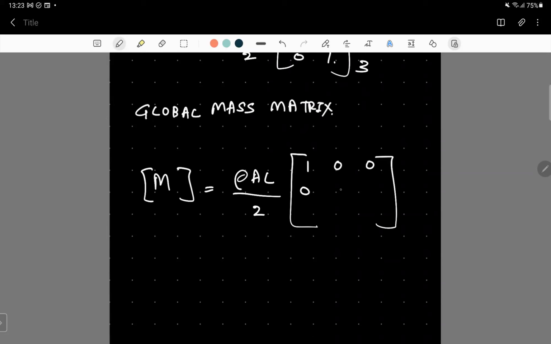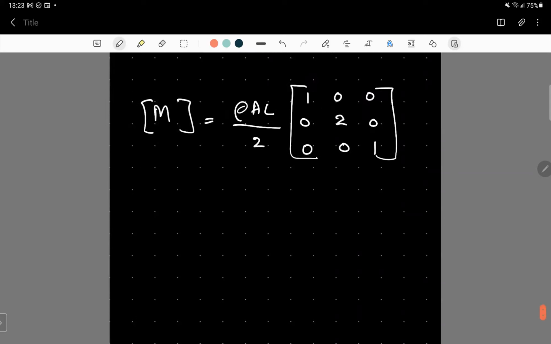We are now adding up the element mass matrices to obtain the global mass matrix. We observe from the global mass matrix that there are two mass contributions at node number 2, because node number 2 is common to both elements. So one half gets added by each element.